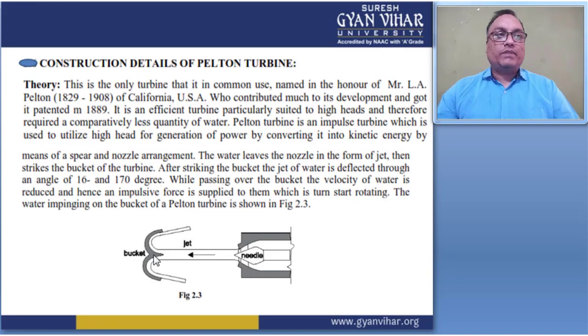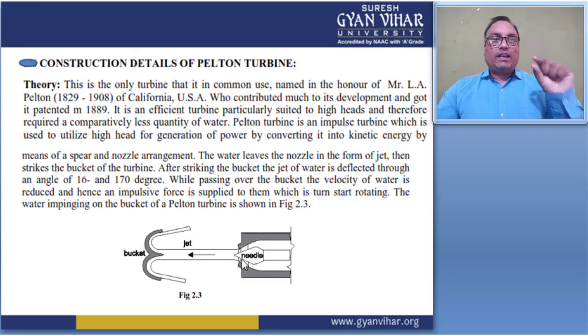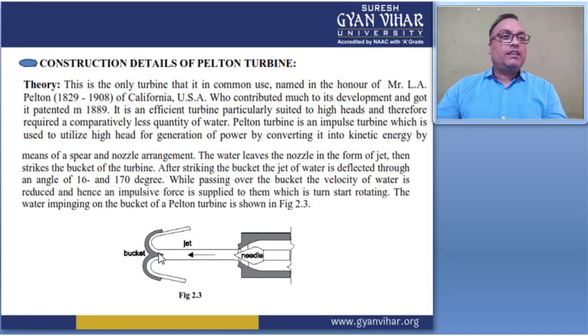Just see inside this figure, these are the buckets, and this is the nozzle, and this is the needle. With the help of the needle, we can adjust the force of this jet here. So this jet splits into two parts, and it takes a U-turn here.